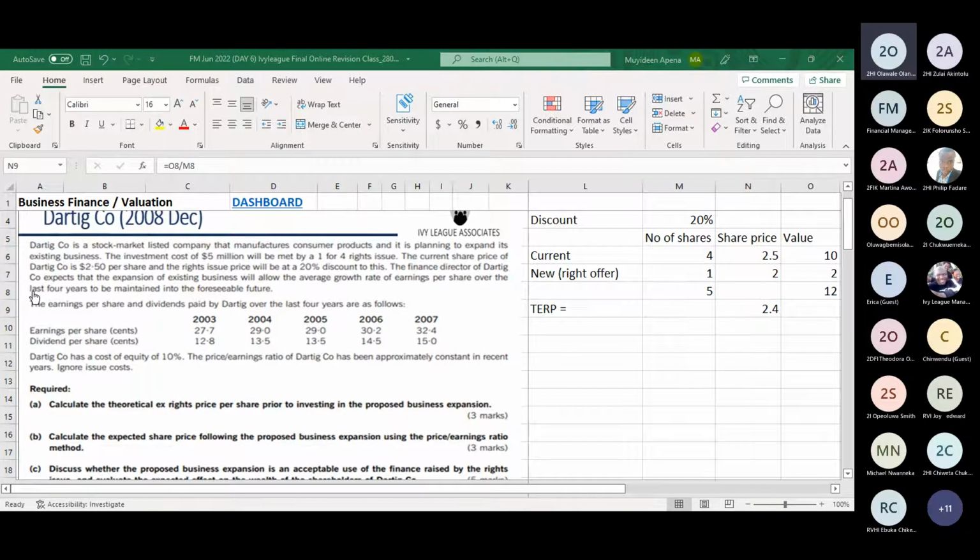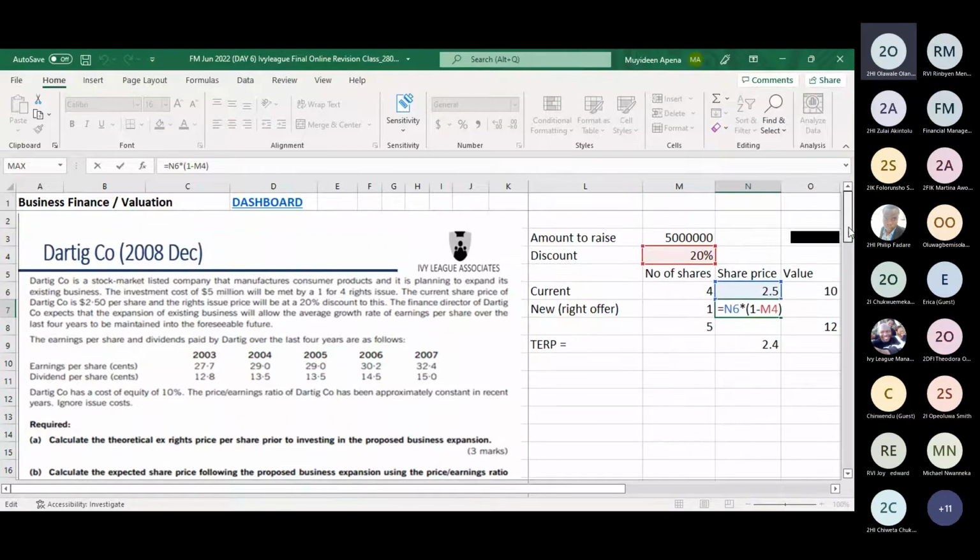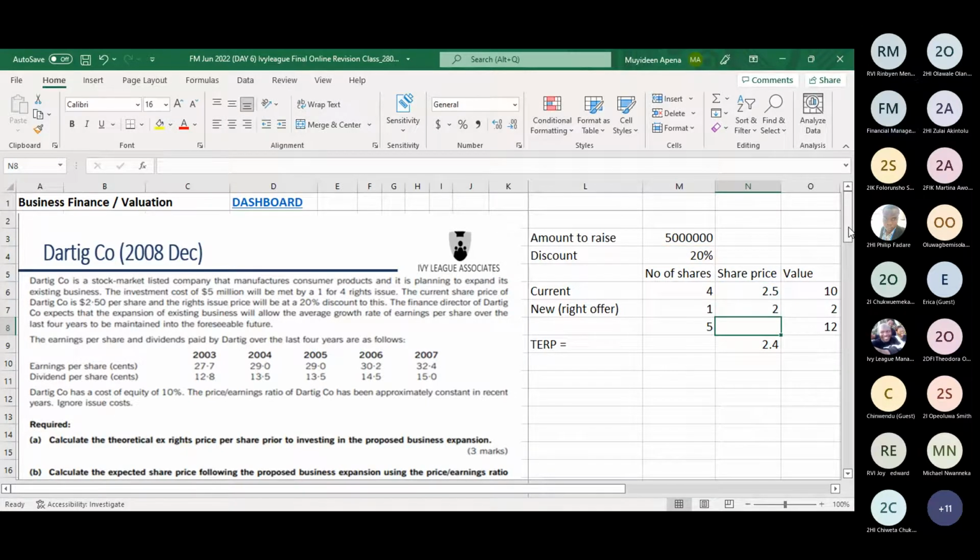Please, can you also show how you got the 2 for the new rights offer? The share price, please. It is 2.5 times 1 minus discount. Discount is 20%. Okay, have you seen that? Yes, please. Thank you. Good.